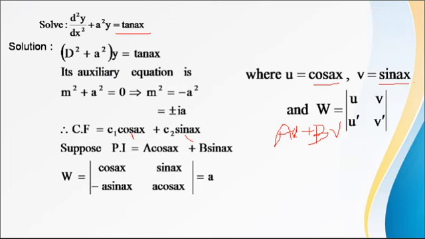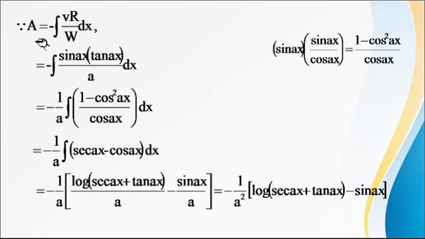Now find PI. So actually we have to calculate this a value. A equal to minus integral vr by w into dx. So v value is sin ax, r value is tan ax, and w is a. So write down this tan is sin by cos. So sin into sin, sin square can be written as 1 minus cos square ax upon cos ax.